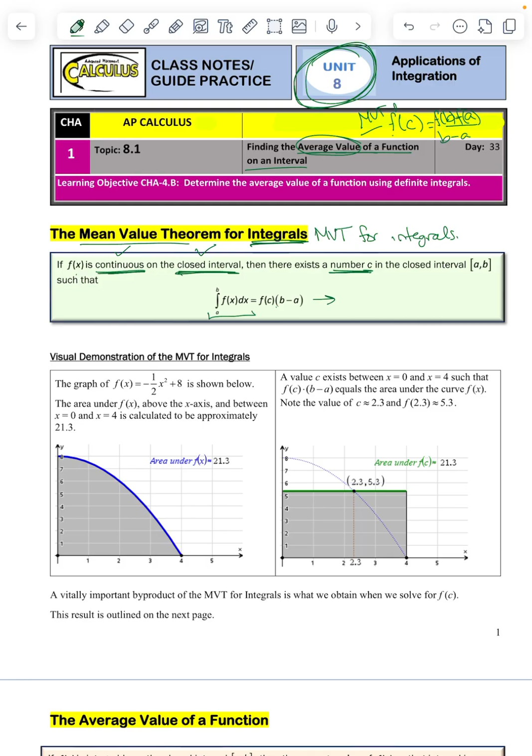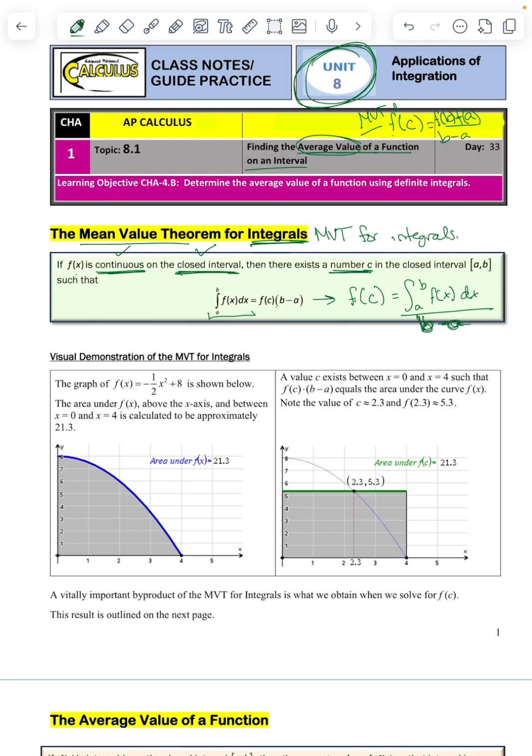And then we can take this one step further and say that f of c is equal to the integral from a to b of f of x dx divided by b minus a. Same equation, just a little different.